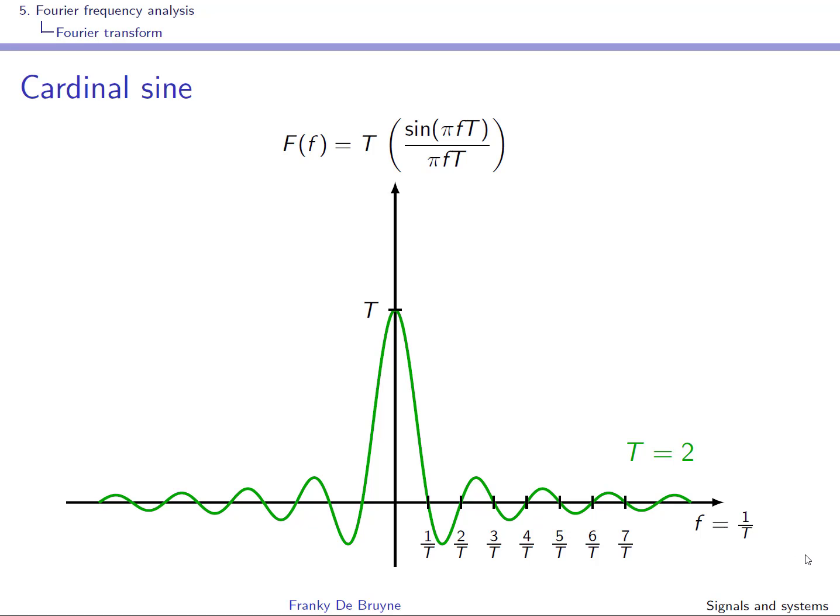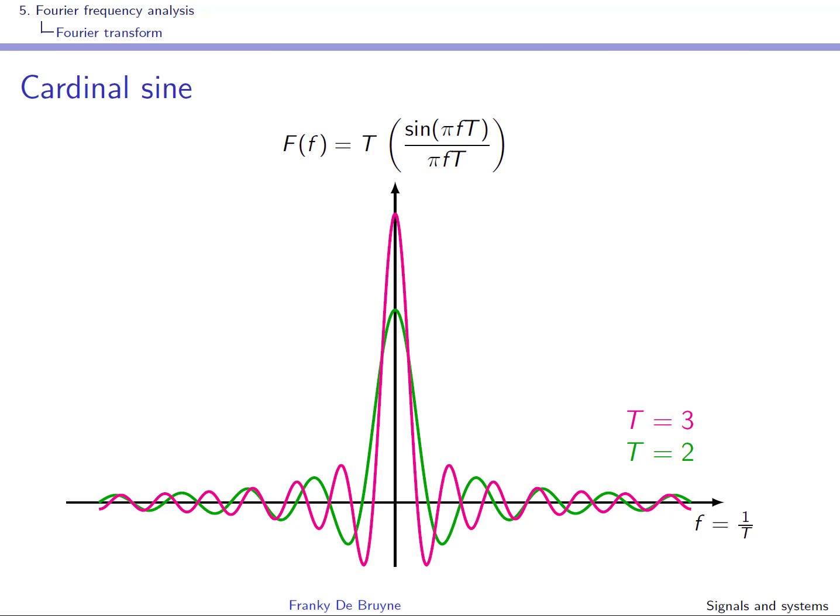Notice that there are no contributions at multiples of 1 over t, and at the frequency f equal to 0, the contribution is t. So if you decrease t, obviously this contribution will decrease, and if you increase t, this contribution will increase.